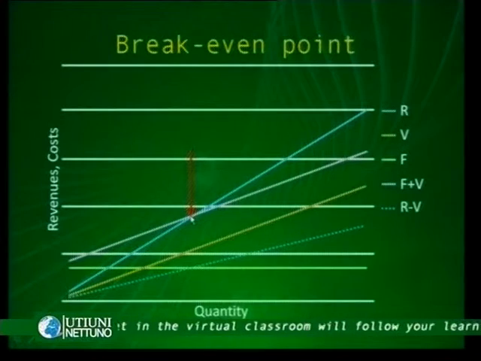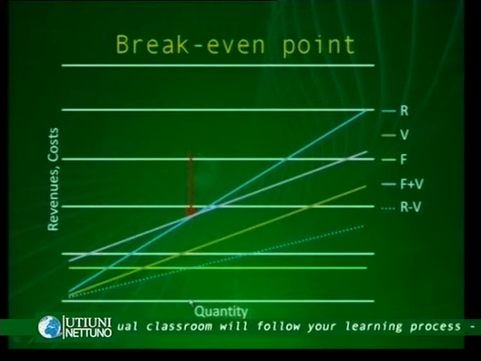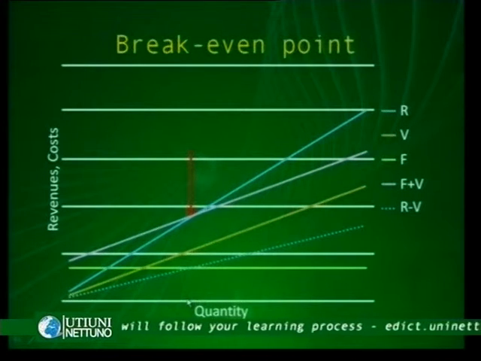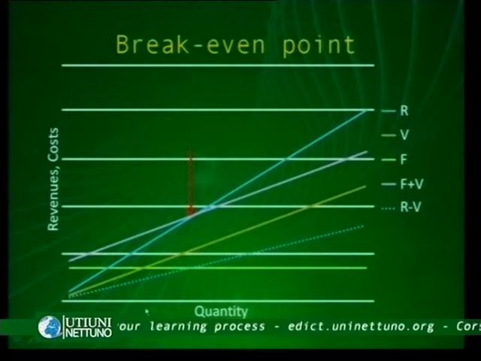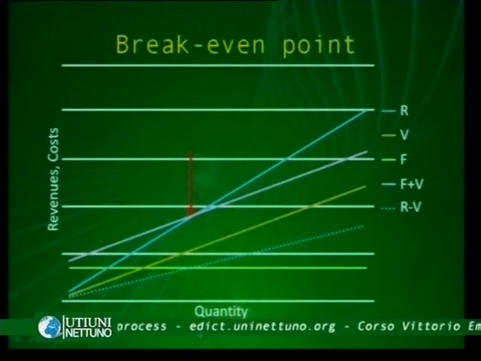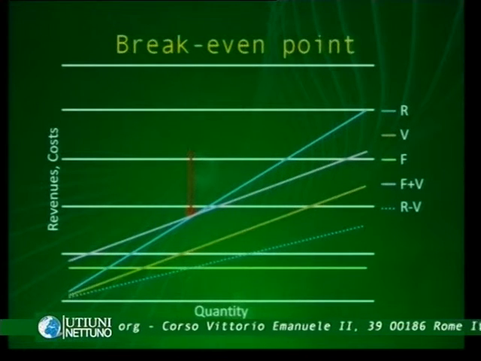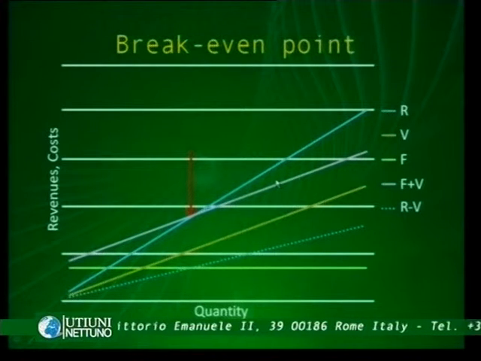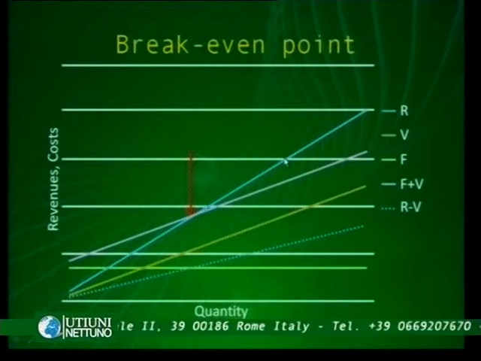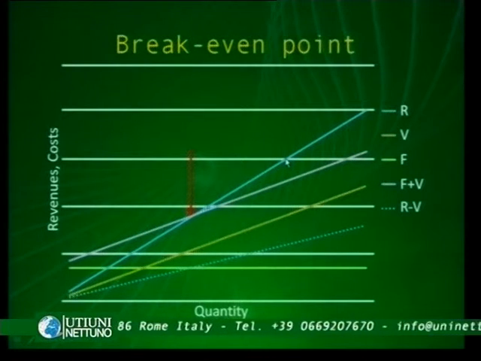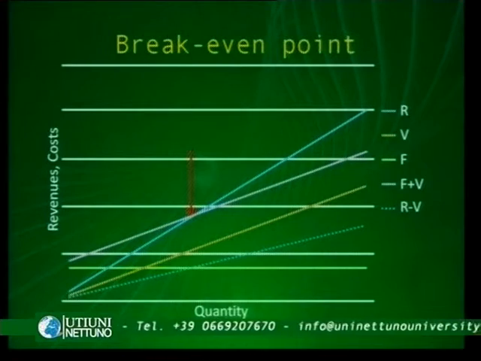incur losses. This means that if we expect that there is high probability that the quantity of products sold by the project in a given year is lower than the break-even point, there is high risk that the project will generate losses. So this is a high risk project. Instead, if we believe that the quantity produced is well beyond the break-even point, we can be relatively safe that the project will generate profits, and so that the project will be convenient, and there is lower risk that the project will generate losses.